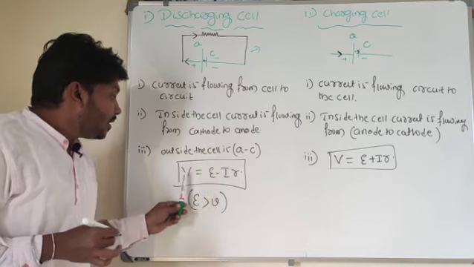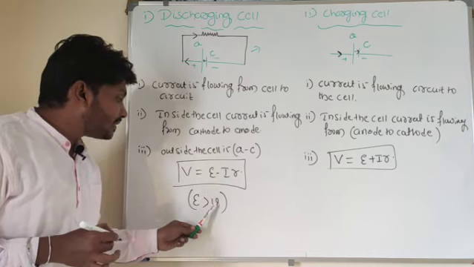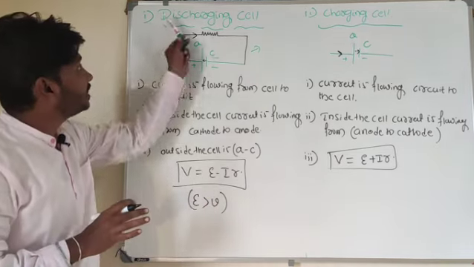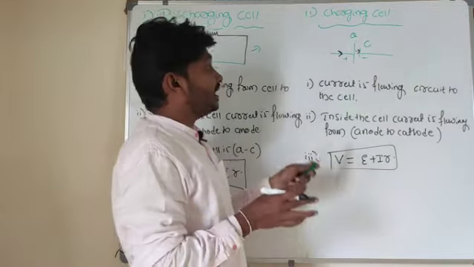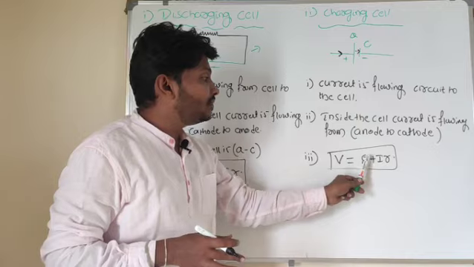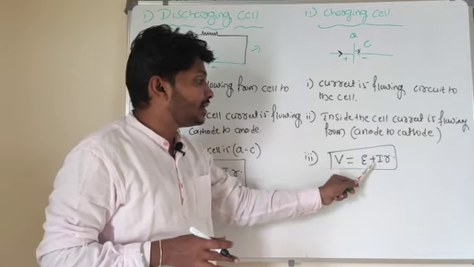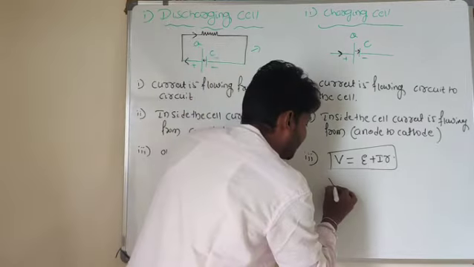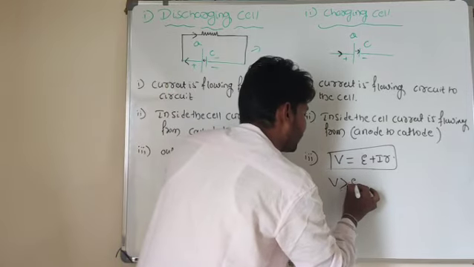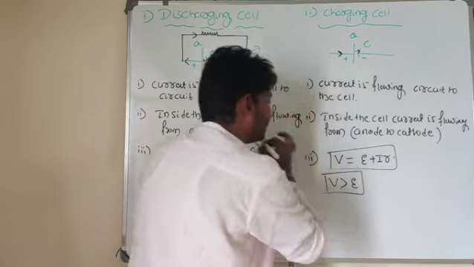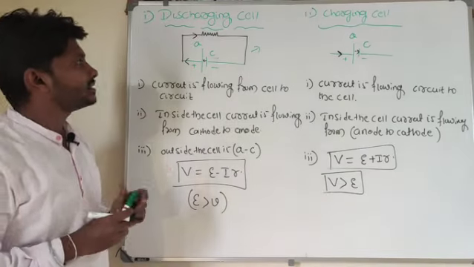Because the terminal potential difference is always less than the EMF in case of a discharging cell, whereas in case of the charging cell, the terminal potential difference is greater, so E plus I into R. So in a charging cell, terminal potential difference will be greater than the EMF of the cell.